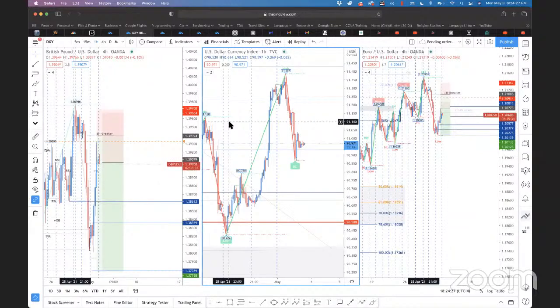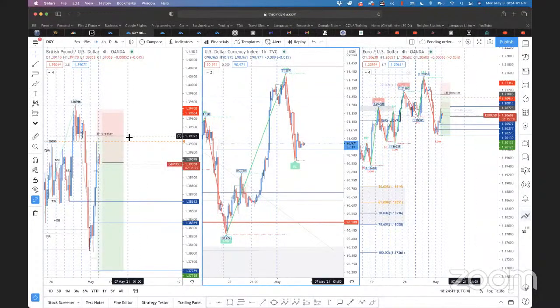Like you can get a perfect entry. Your spreads might be 10 pips apart, 20 pips, 30 pips sometimes. So you have to account for that when you're getting your trade. So if you're looking for an entry right here, the trade might push up to this, but the spreads might be so far apart that you don't get entered into the trade. So you have to account for your spreads being high.